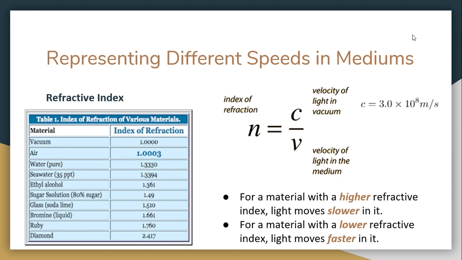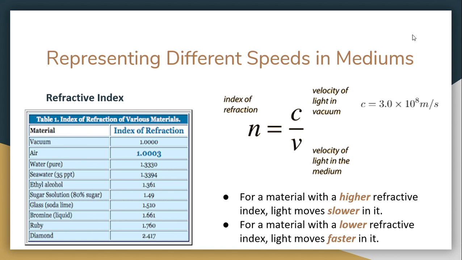For example, in diamond the refractive index is 2.417. This means that light moves 2.417 times slower in diamond than in air. Wow, that's a lot slower. So remember that, similarly, if the refractive index is lower, light travels a lot faster in that material.